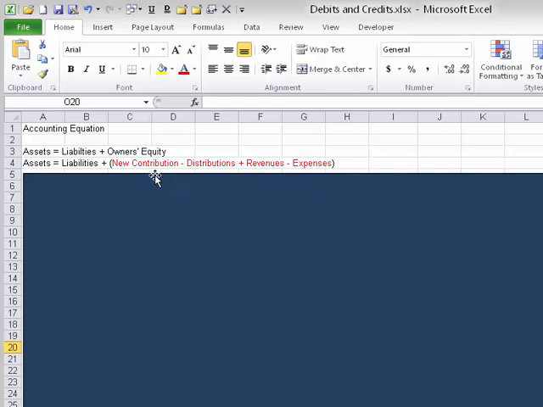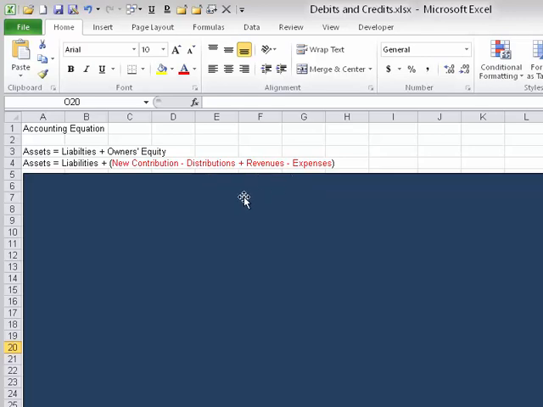The sum of those will give us either owner's equity or stockholders' equity. So in other words, the expanded accounting equation is given in row 4, and it says assets equal liabilities plus new contributions of owner's equity minus distributions to owners plus revenues minus expenses.